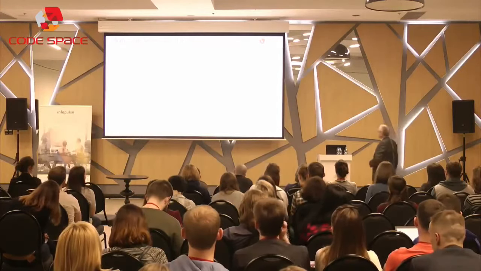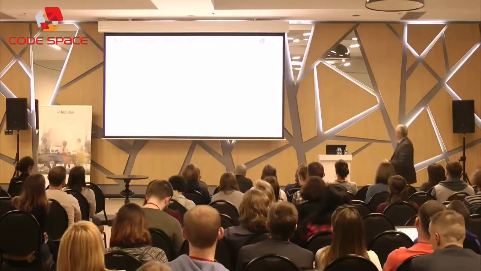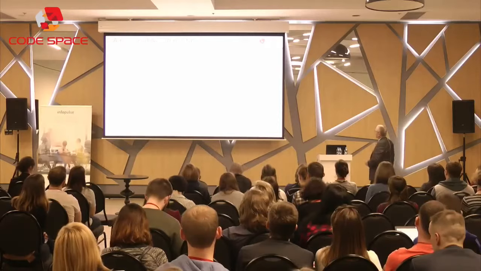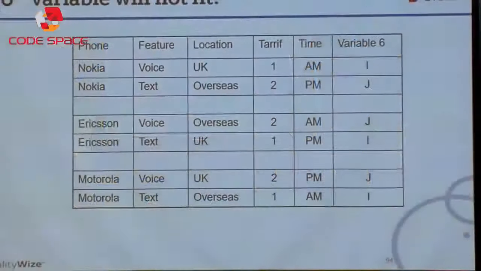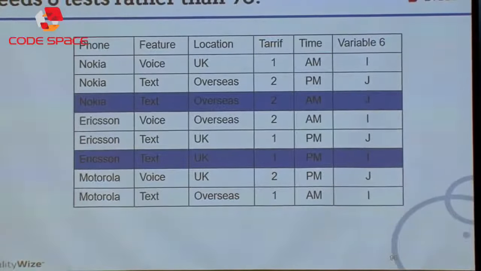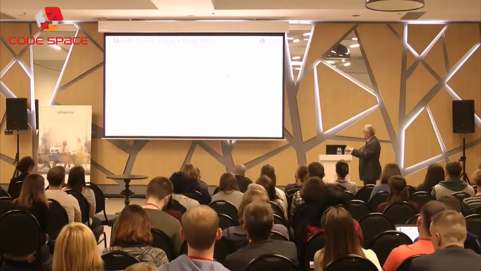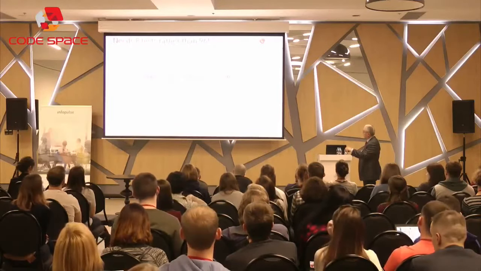Let's add another one. Variable 6, let's call it. So, we have i and j, and here we got into a problem because we cannot swap. So, we have to add 2 lines, 2 test cases with values already covered, but these values are meant to help us with the all pairs.